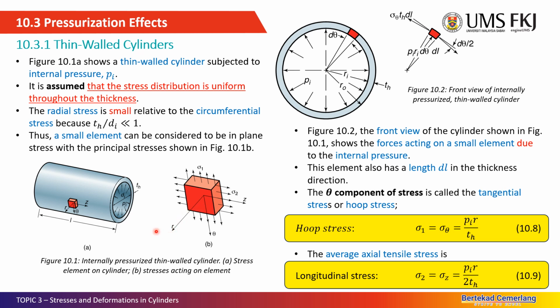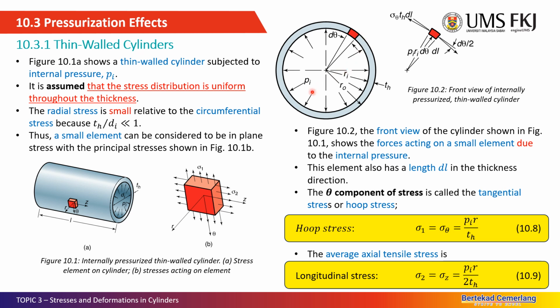Okay, this is the length. Figure 10.1c is the front view of the cylinder shown in figure 10.1a. It shows the force acting on the small element due to the internal pressure.